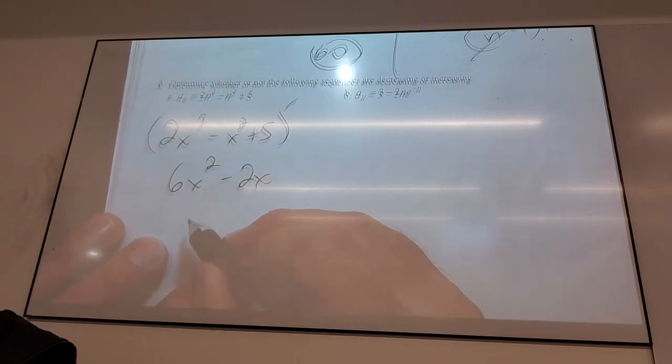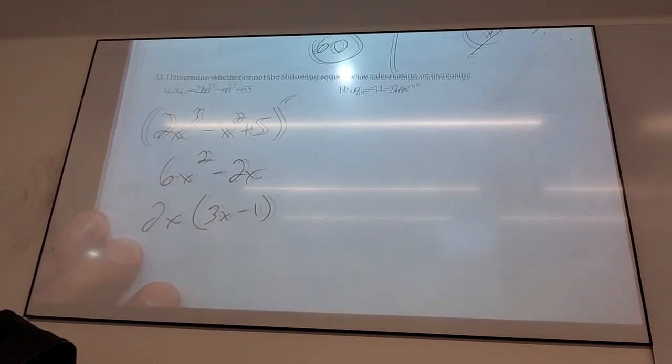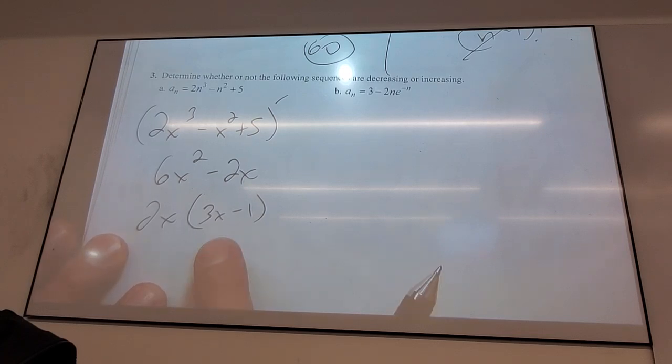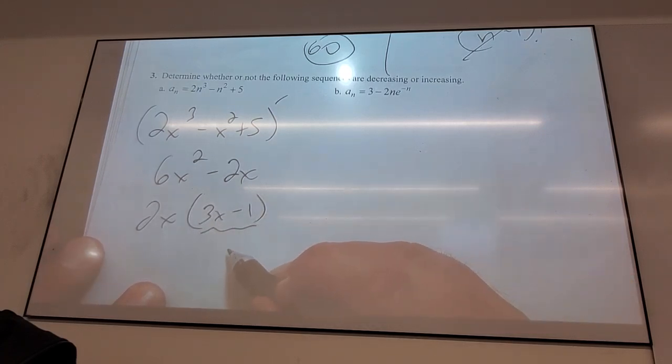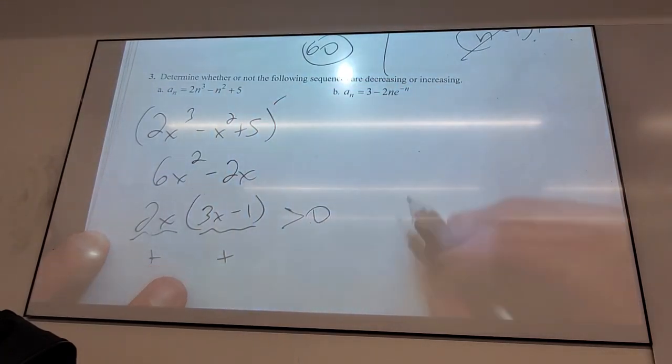One way to do it is to factor it. For any x greater than or equal to 1, what kind of number is this? Is it positive or negative? Positive. What kind of number is this for x bigger than or equal to 1? So this is always greater than 0, therefore this sequence is increasing.